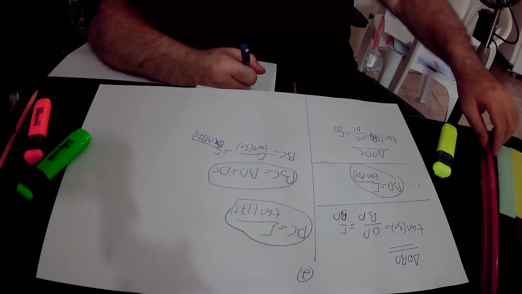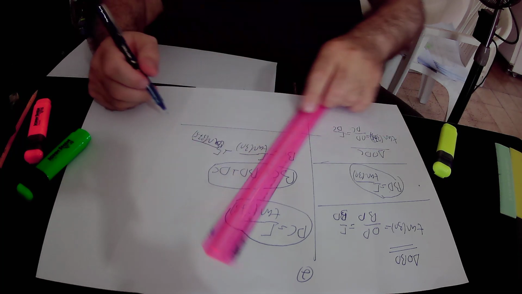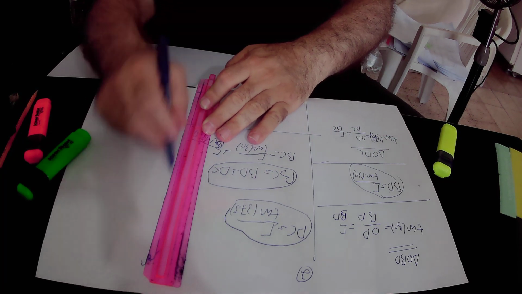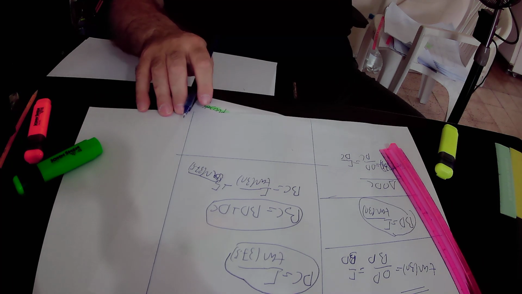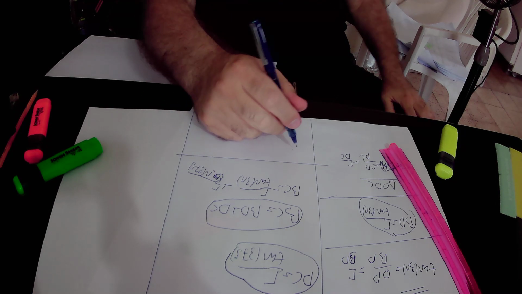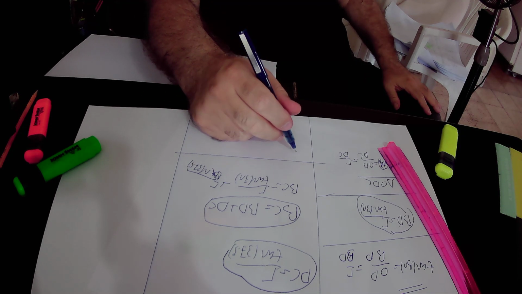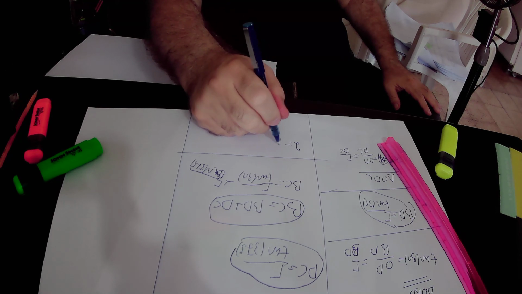So here we take R as a common factor out of those two expressions, and then we get that BC equals 2, so we substitute BC by 2, so 2 equals R times a common factor.